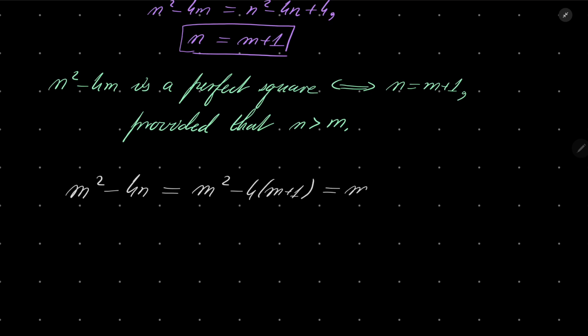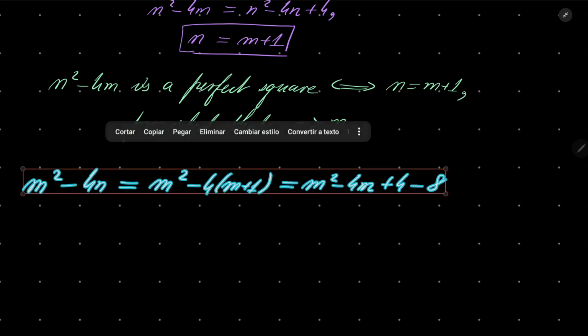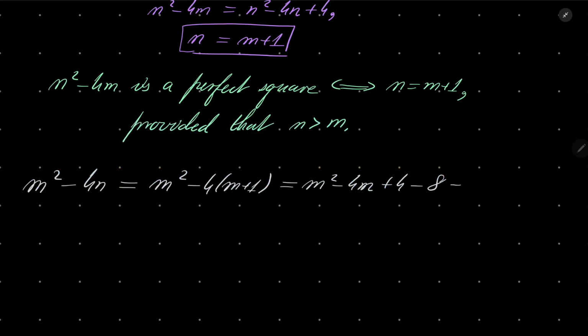So it's m squared minus 4m, and we have minus 4, but minus 4 can be written as plus 4 minus 8. And that is (m minus 2) squared minus 8.